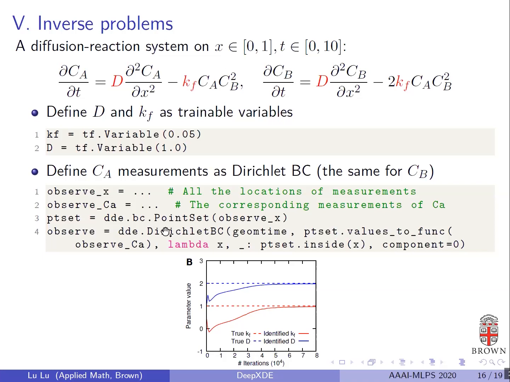Basically we just copy paste these two lines. Then we can define these measurements inside our DeepXDE framework. Everything is exactly the same as what we did previously. Then we train the network, and we can monitor the value of D and the value of Kf during training. After a few iterations, we can learn D and Kf successfully.